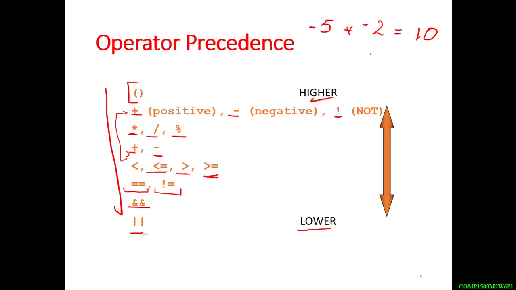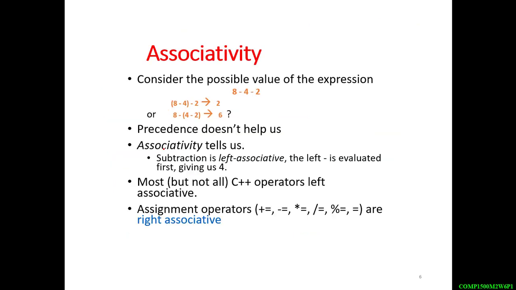So we have associativity. Consider the possible values of an expression, which is 8 minus 4 minus 2. What is the answer over here? First answer will be 8 minus 4, which is 4, minus 2, which is 2.